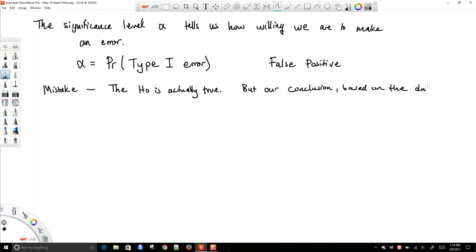It's not that we have done anything wrong in our process, but because our data is coming from random chance, our conclusion based on the data is to reject the null hypothesis.